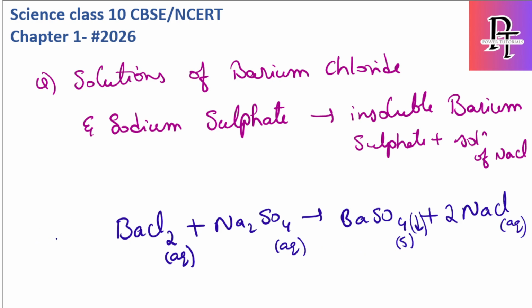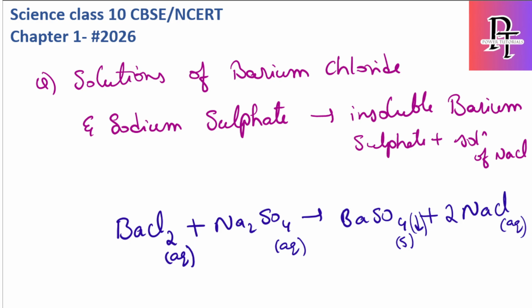Okay, so this is a balanced chemical equation where barium chloride plus Na2SO4, which is sodium sulfate, gives rise to barium sulfate and sodium chloride. Okay, so in this way we can define the states of chemical equation, and as I mentioned, you have to write the states only after balancing the equation, because balancing equation is the main priority, and then go for which physical state that particular compound or element is present.